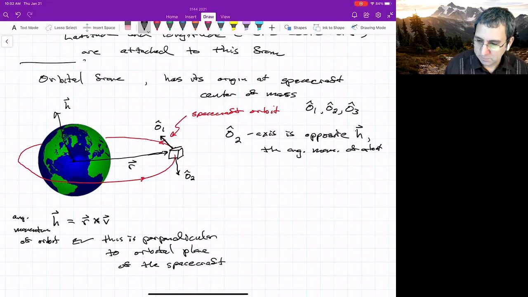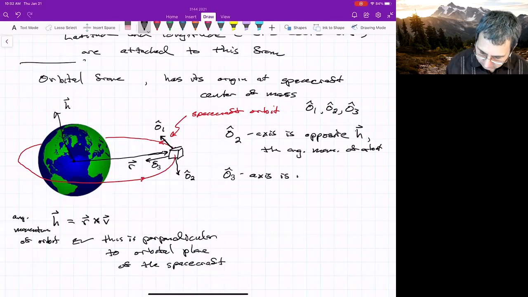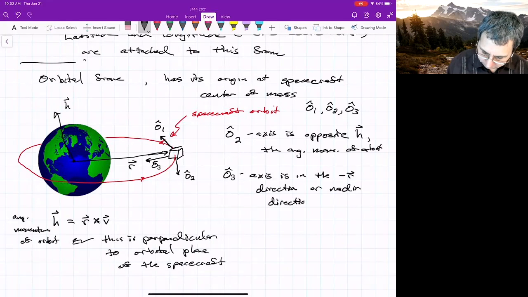All right, sorry about that. O3 points in the nadir direction. Okay, so the O3 axis is in the negative r direction, or nadir direction.